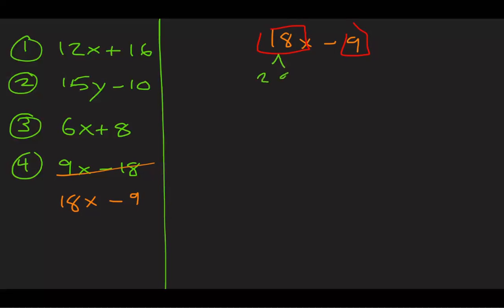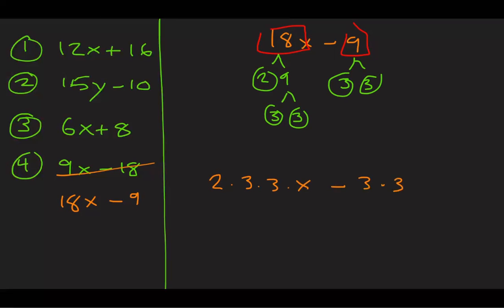So 18, 2 times 9, or 3 times 6. 9 would become 3 times 3. That's step 1. Now we rewrite it. 2 times 3 times 3 times x minus 3 times 3.